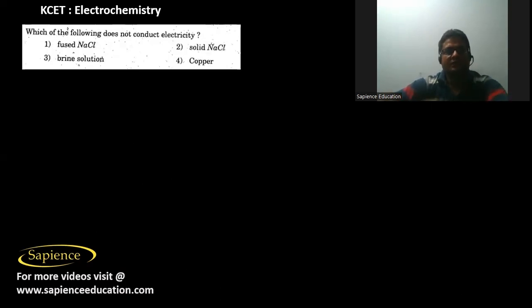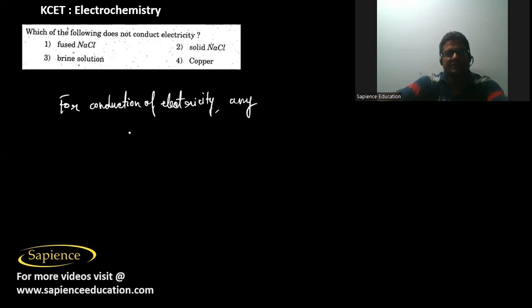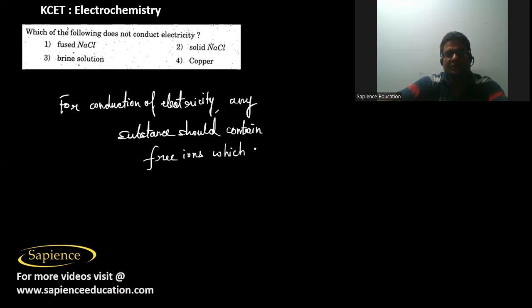Then it is asked which of the following does not conduct electricity. So, as we know, for conduction of electricity, any substance should contain free ions which can move in the solution or in the molten state.